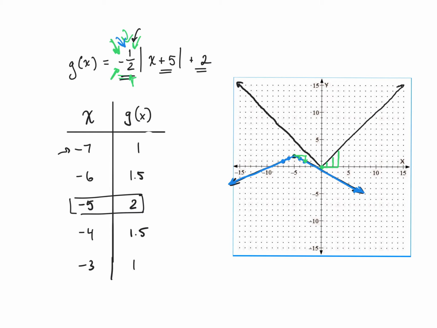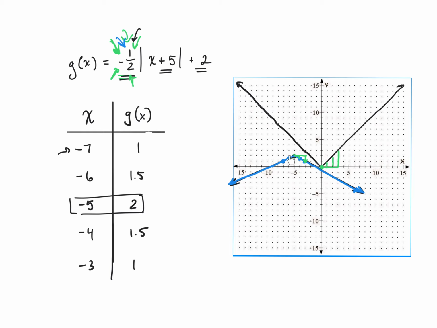And instead of going 1, the half is also now telling me how much of the original to move. So as opposed to going left 1, then up 1, I'm going to go left 1, now down, and I'm going to go only half the amount. So half of the original amount of 1 ends up being a half. And look what happens here.